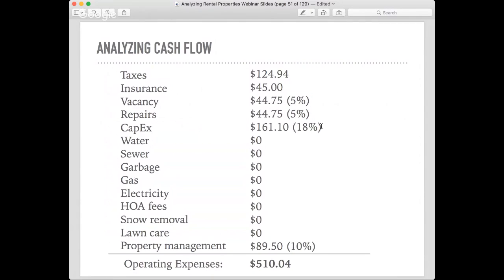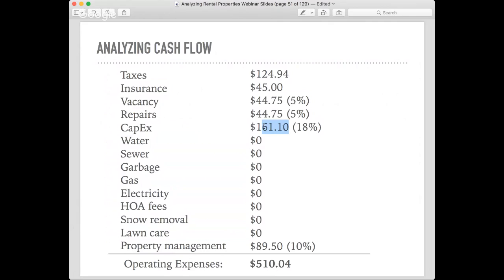Now, CapEx are those things that wear out over time. And I chose $161 a month for CapEx. Now, that's pretty high. The reason I chose a pretty high number there is because we've done the math here on BiggerPockets and figured out it typically costs between $100 and $200 a month on average for a house for capital expenditures.